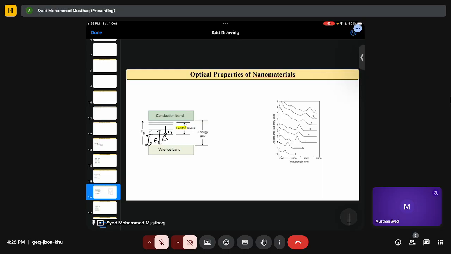That's it. And decreasing with size, you will have different absorptions, right? So if I have, this is like decreasing the particle size.